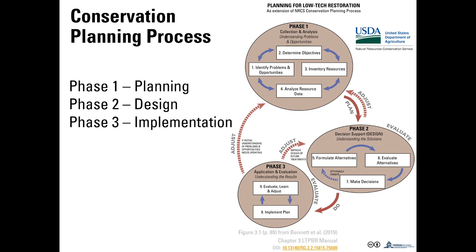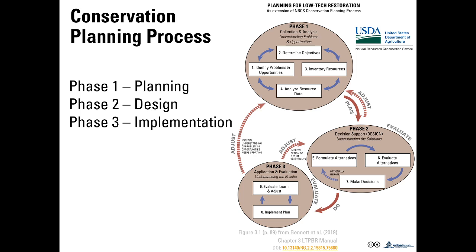And then finally in phase three, we get to roll up our sleeves and have some fun and implement the project. And so this is really the application and also the evaluation. So if we're doing some follow-up monitoring of those results, that's part of informing our adaptive management. And of course, this isn't a linear process, so you can go back and forth between these phases at any time.